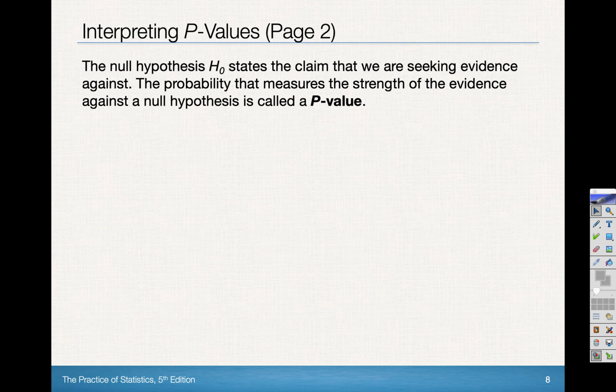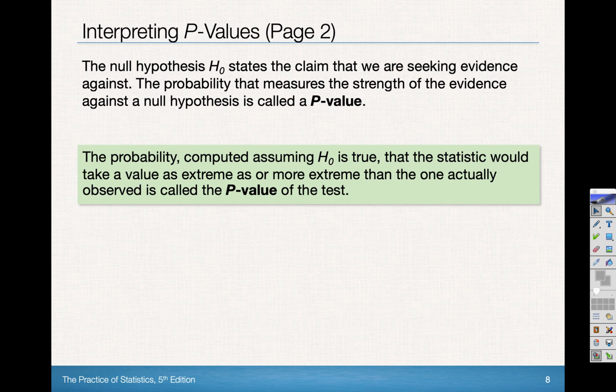When we're doing a significance test, we're going to get this thing called a p-value. Okay. The p-value is the probability that measures the strength of the evidence against a null hypothesis. What does that mean? Well, a p-value is the probability of the outcome occurring given that the null hypothesis is true. So again, a p-value is the probability that the outcome occurs given that the null hypothesis is true.